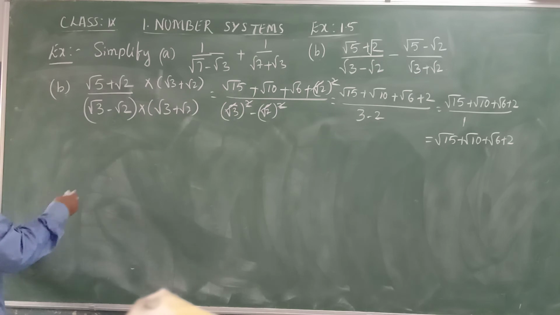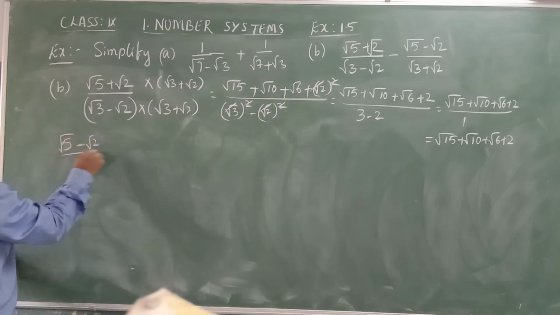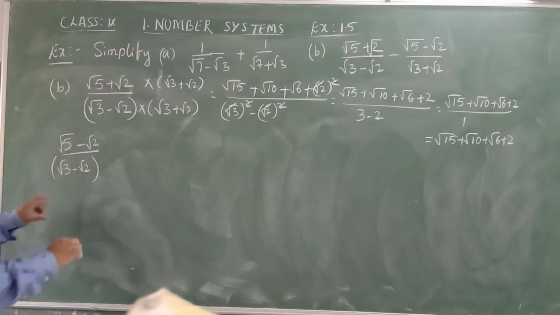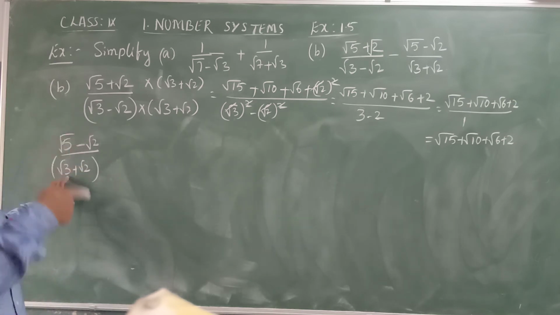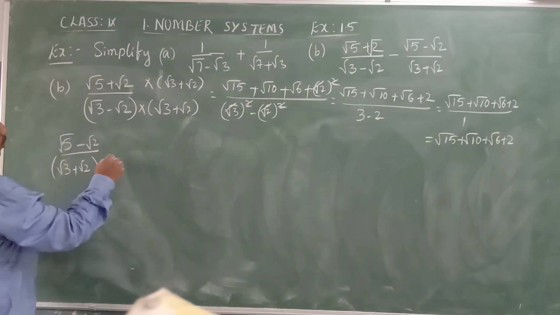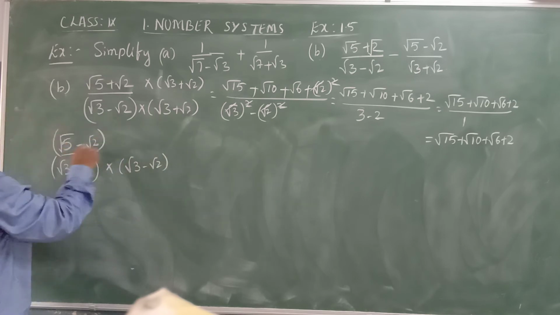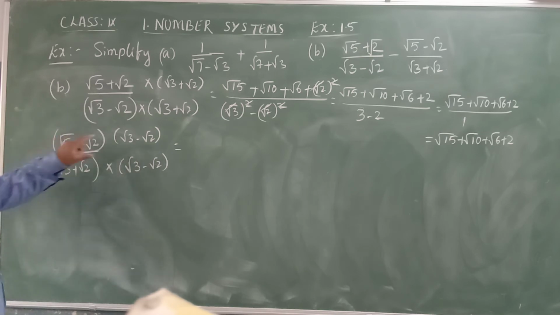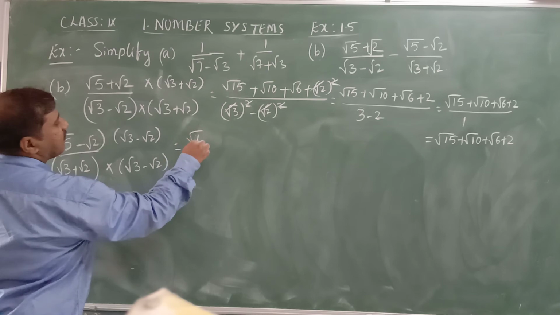Next is the second term. Here we have root 5 minus root 2 divided by root 3 plus root 2. The conjugate or rationalizing factor of root 3 plus root 2 is root 3 minus root 2, so we multiply both numerator and denominator with root 3 minus root 2. Plus into plus, root 5 into root 3, 5 into 3 is 15, root 15.